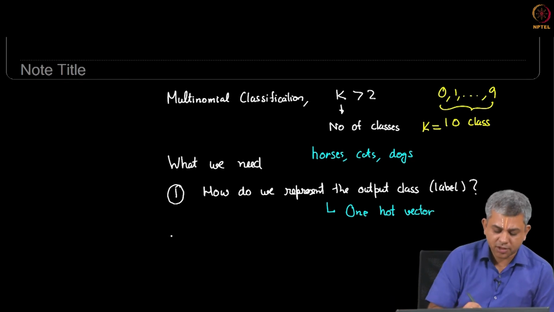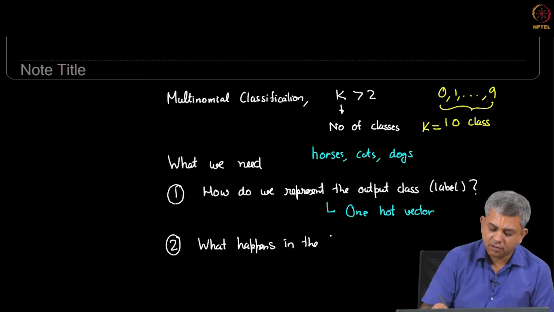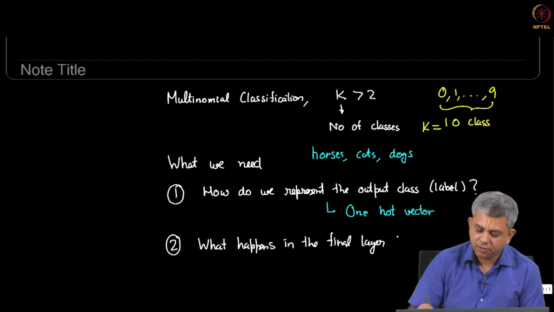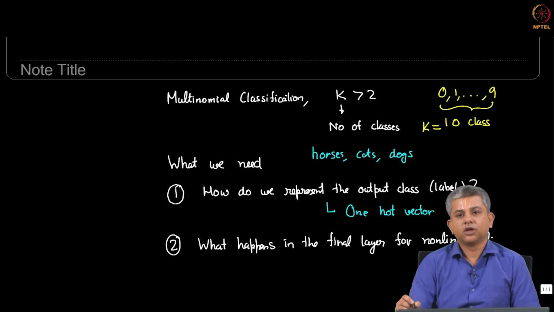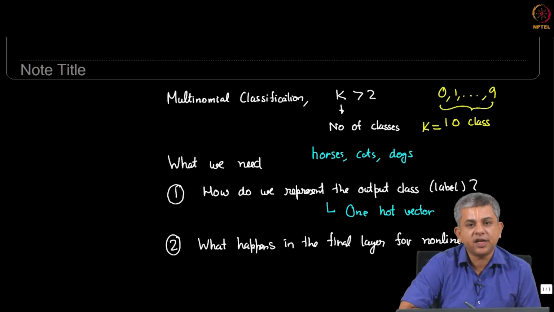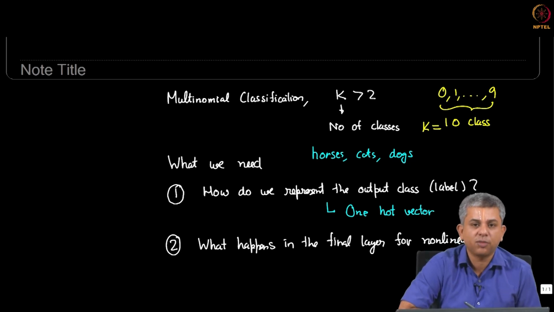The second problem is what happens in the final layer. So, recall that in the binary classification task, we used the sigmoid because it neatly gave us a number between 0 and 1, and if it was close to 0, we knew it belonged to class 0, and if it was close to 1, we knew that it belonged to class 1.